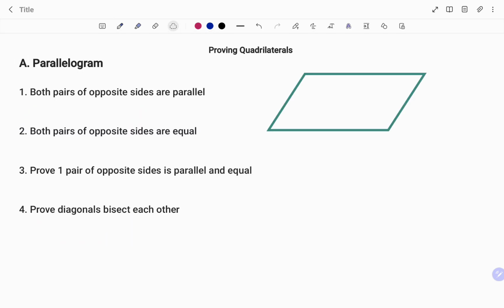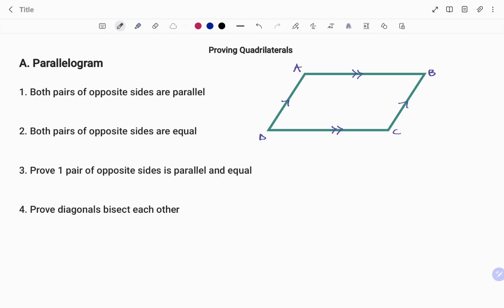Starting with my parallelogram, if I have a parallelogram labeled A, B, C, and D. The first proof is for me to show that both pairs of opposite sides are parallel. So I'm going to show that AB is parallel to DC and AD is parallel to BC.